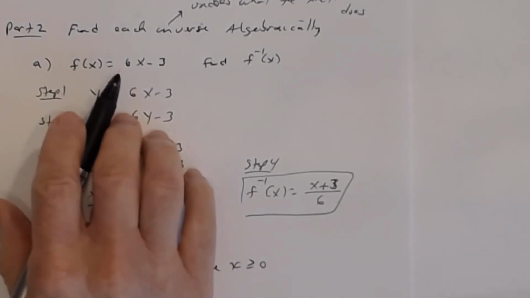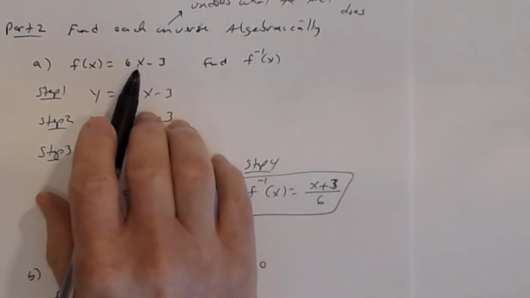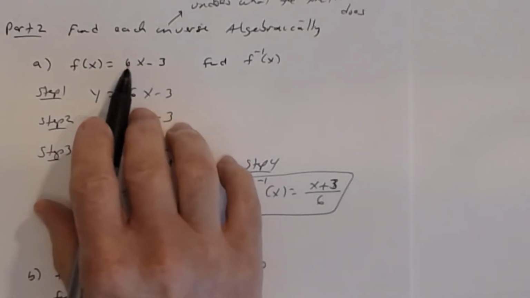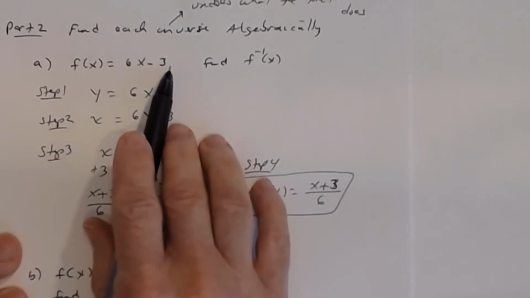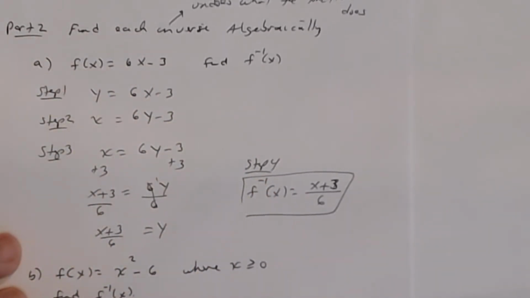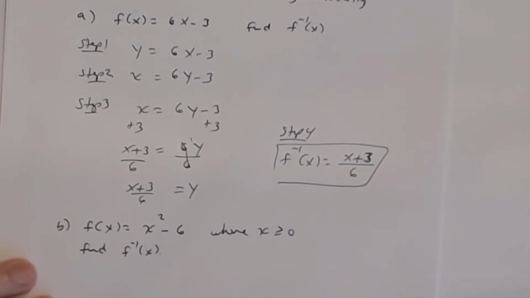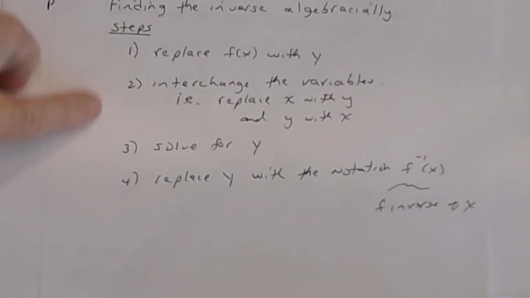So the inverse of this function is this function. Makes sense because this function takes x, multiplies it by 6, subtracts 3. The inverse does the opposite. Adds 3, divides by 6. All right, so that's what we mean by the inverse of a function. It undoes what the function does. And these steps actually do that.